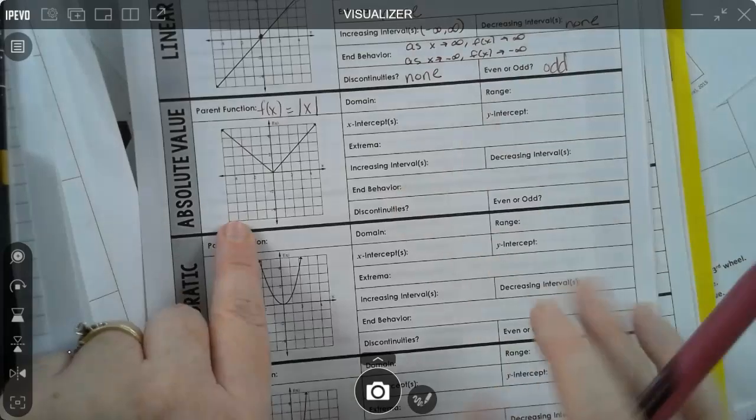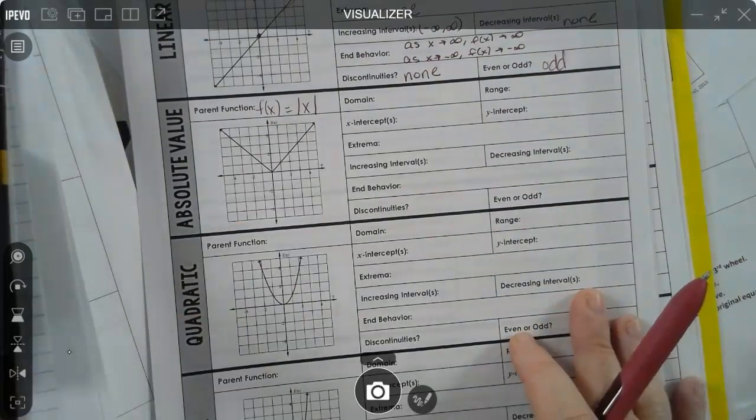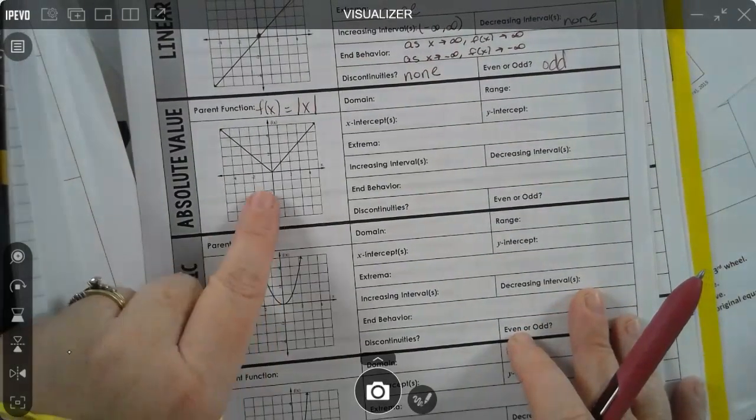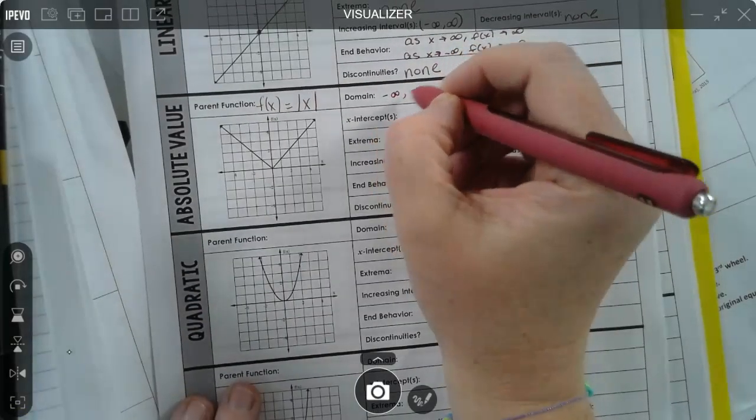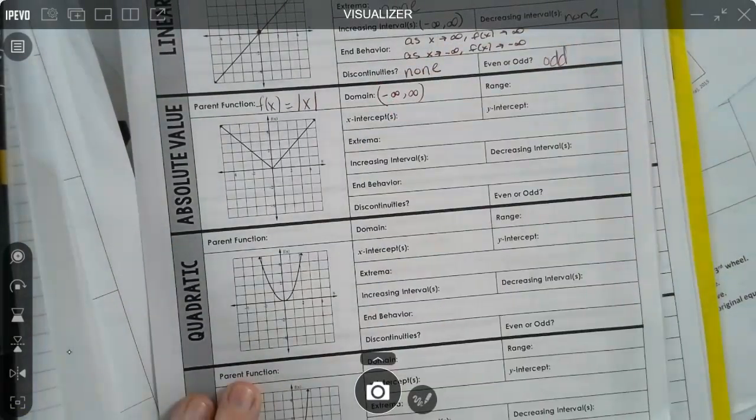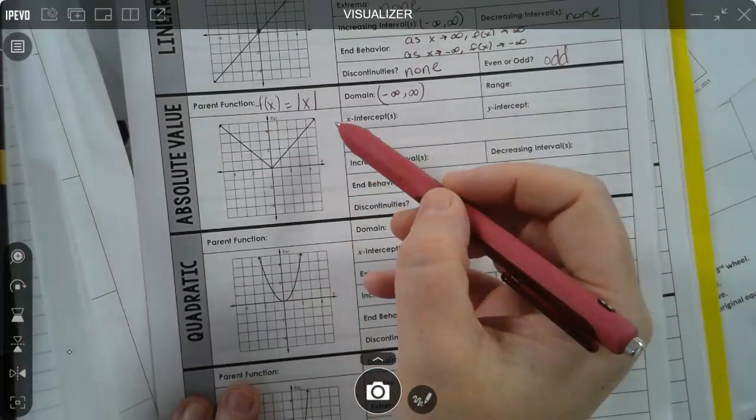Absolute value of x, yes? All right. Domain on this guy. That's right. Negative infinity, infinity. Left to right. So it goes left forever, it goes right forever, and it's never interrupted.